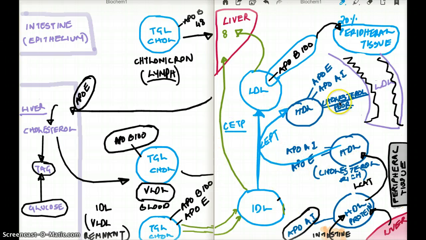But now that we have the overall picture, the rich HDL is going to be converted to poor HDL, so cholesterol poor HDL, by the same enzyme CETP, dumping most of its cholesterol onto the LDL, and the process continues. I think this is a good time as any to also mention that there are ApoB100 receptors in the peripheral tissue, which also recognize this cholesterol coming from the LDL, which would take up that cholesterol and onto the peripheral tissue.